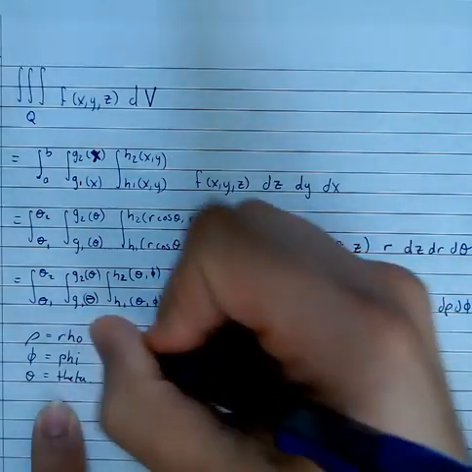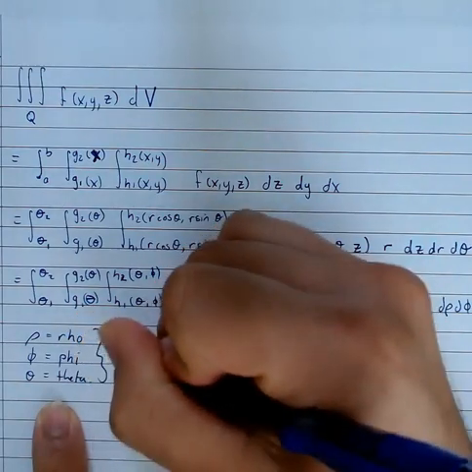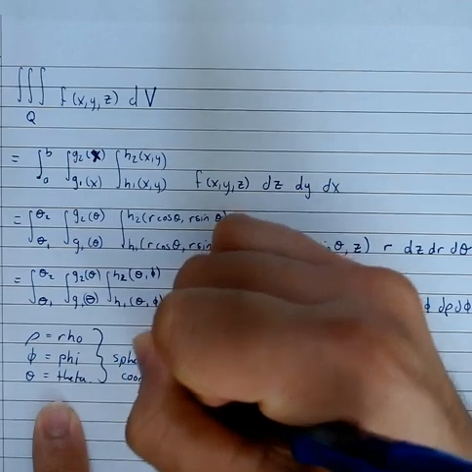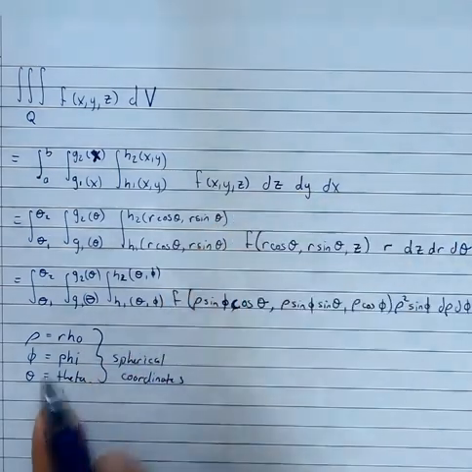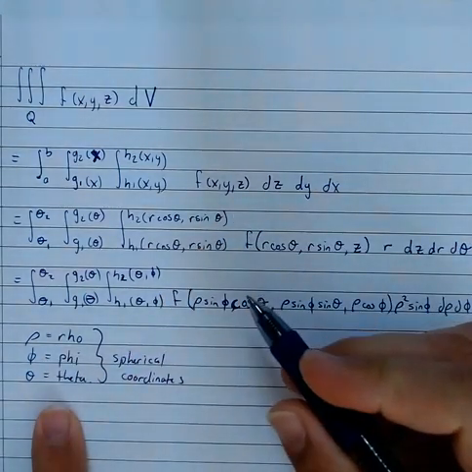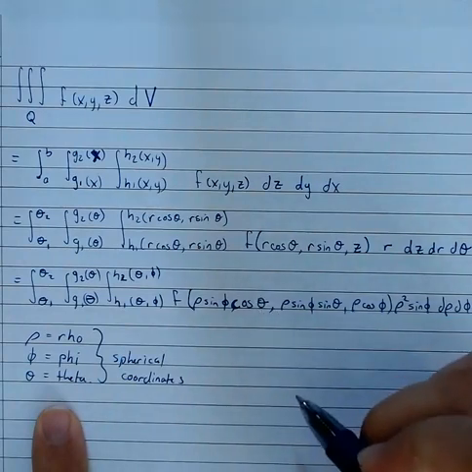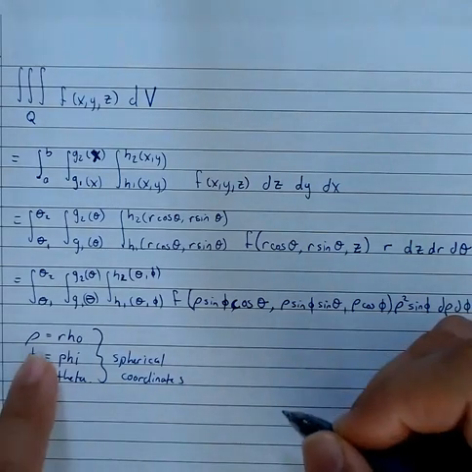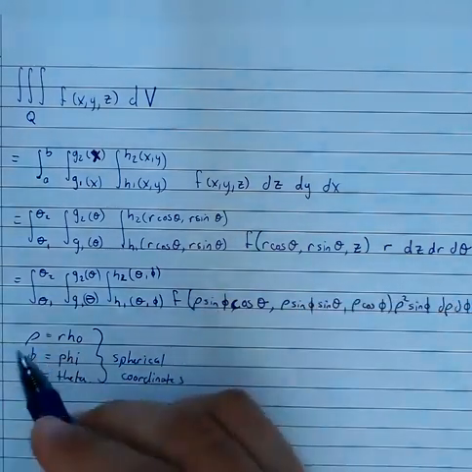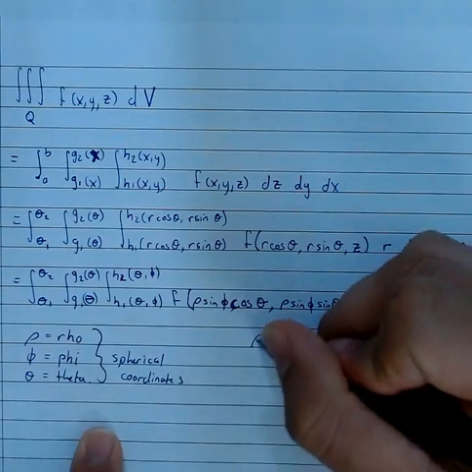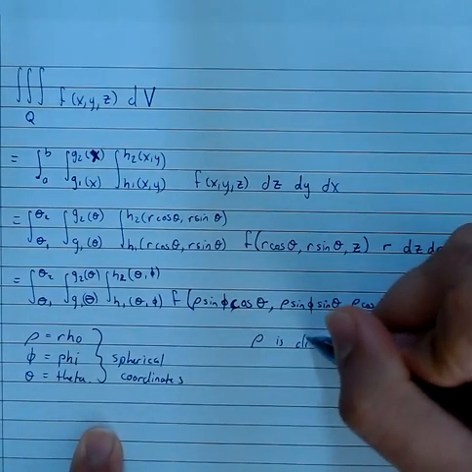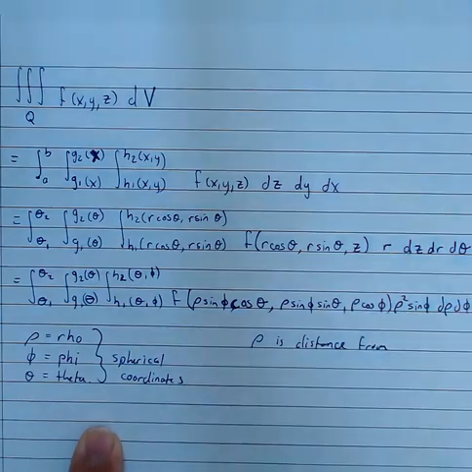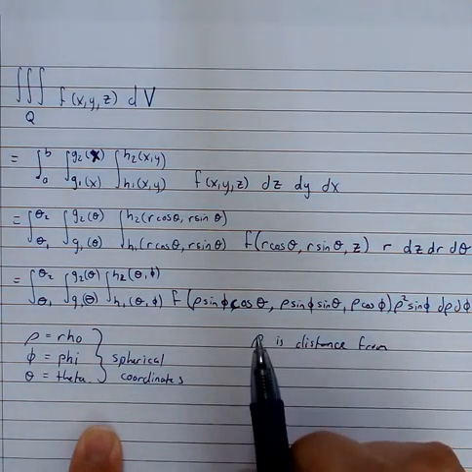Whenever we're talking spherical coordinates, rho is going to be the distance away from your pole, from your center, from 0, 0, 0. So here, this is simply a distance from the origin. It's not a directed distance, mind you. It's just a distance in any direction.